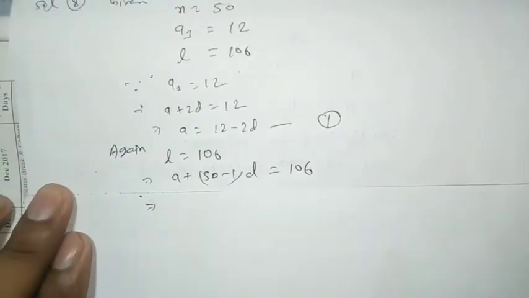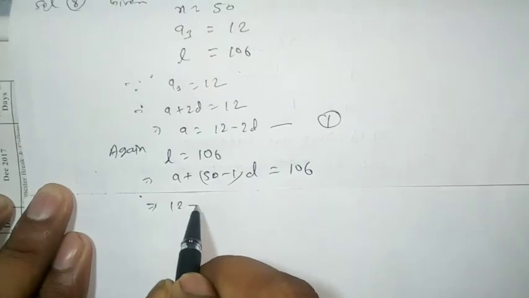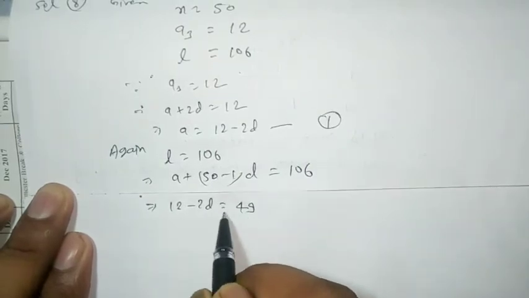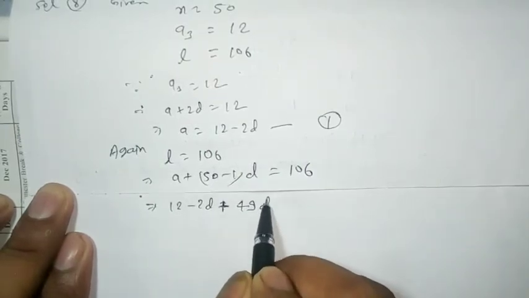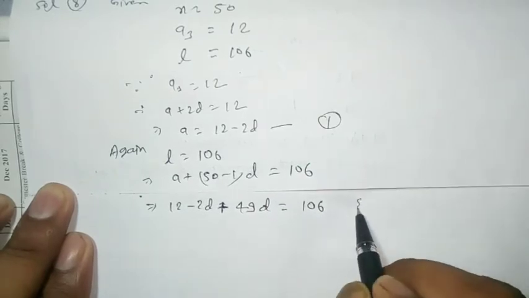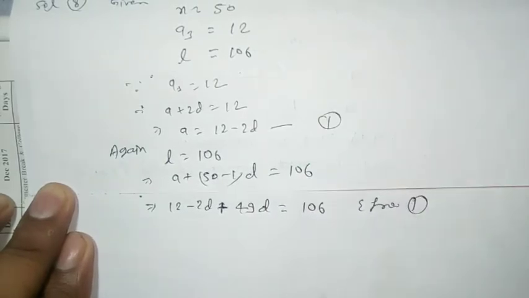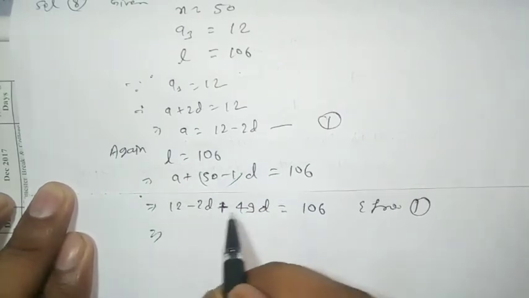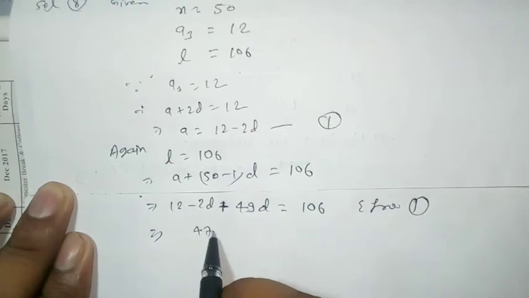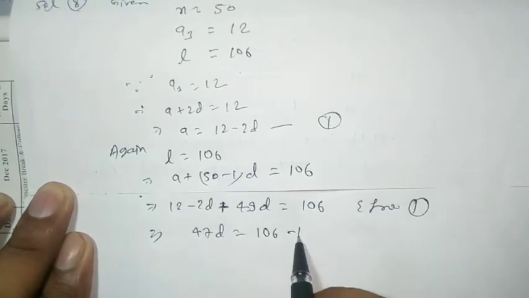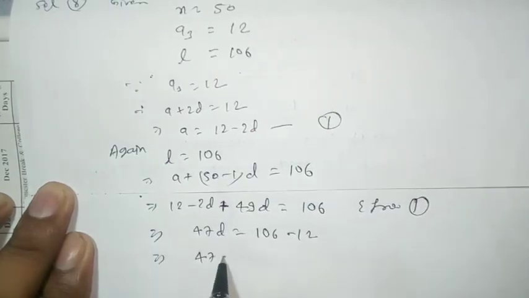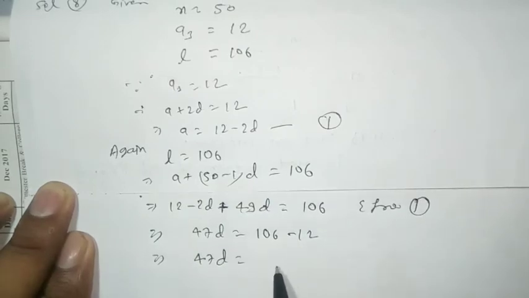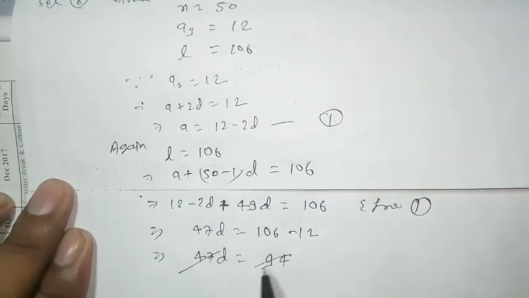Implies 12 minus 2D plus 49D is equal to 106, from equation 1. Implies 49 minus 2, 47D is equal to 106 minus 12, implies 47D is equal to 94.